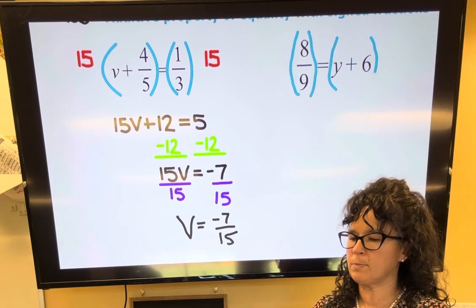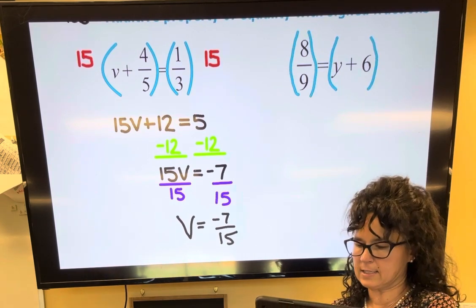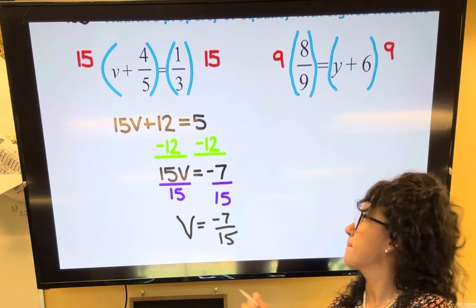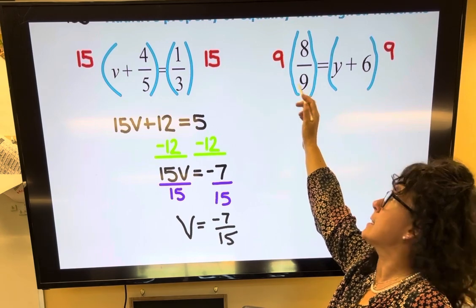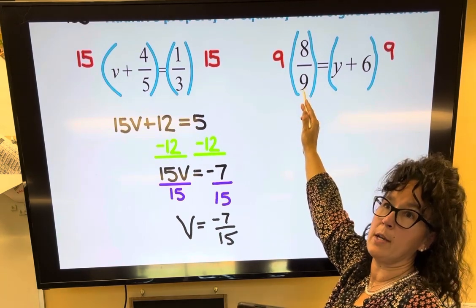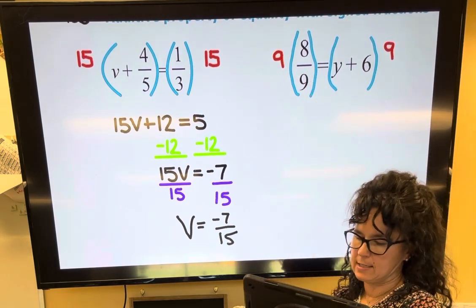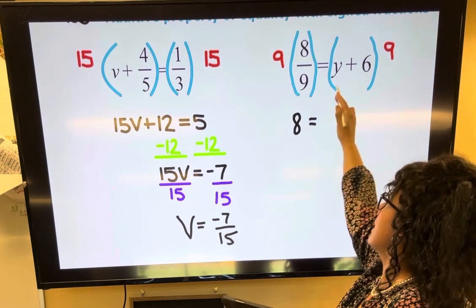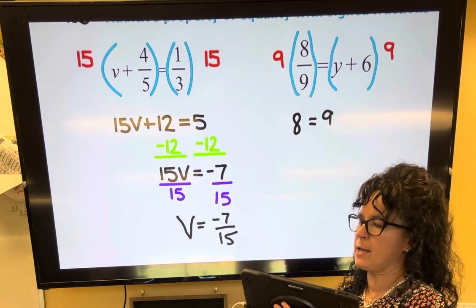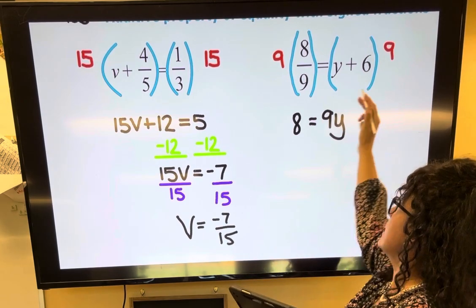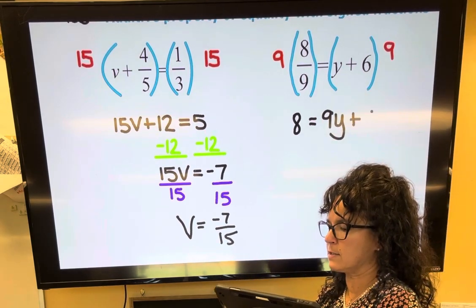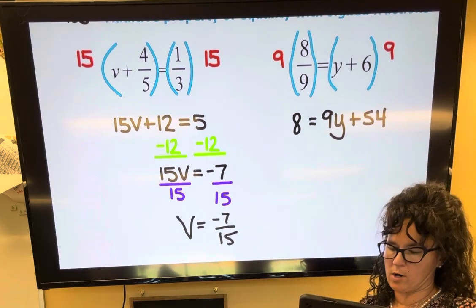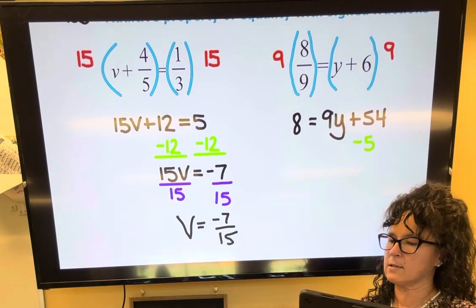So I'm going to multiply both sides by 9. 9 times 8 ninths. 9 divided by 9 is 1, and 1 times 8 is 8. 9 times y is 9y, and 9 times 6 is 54. Then I'm going to subtract 54 from both sides.